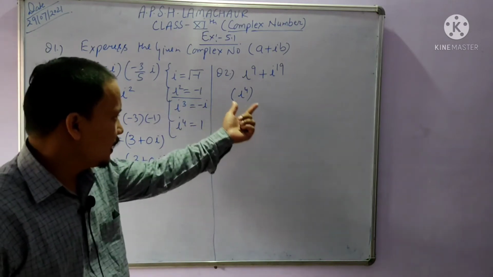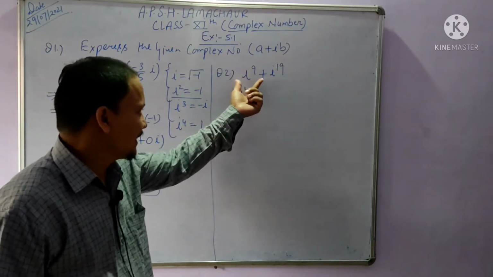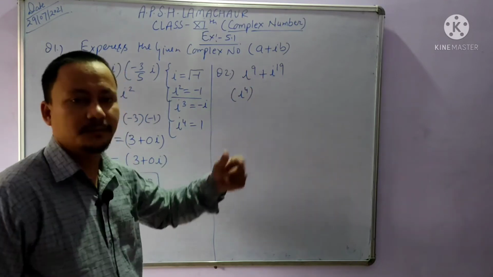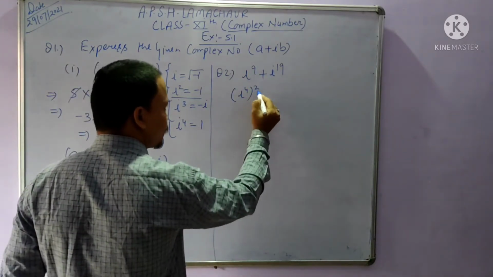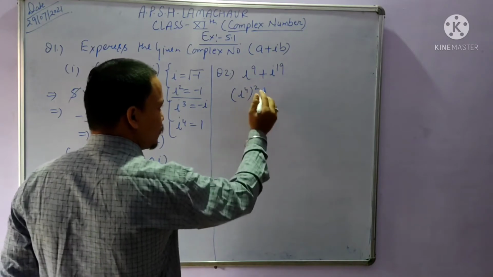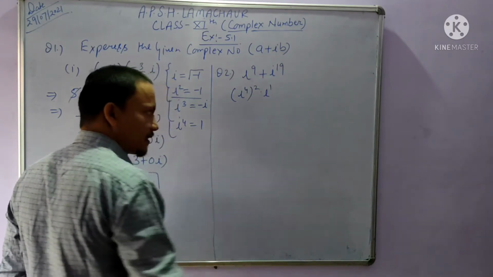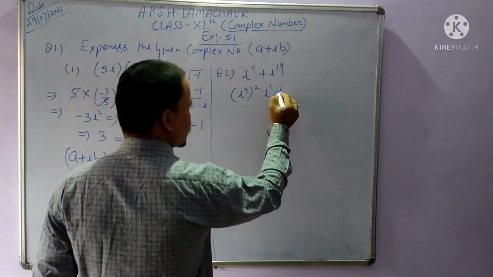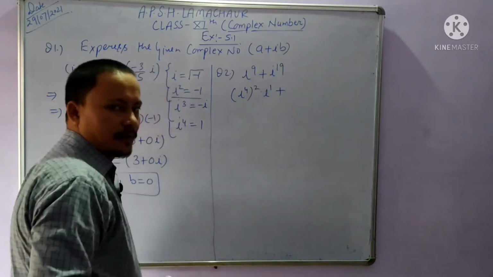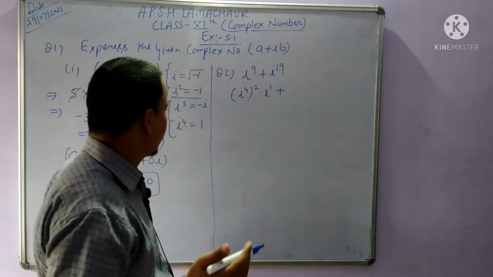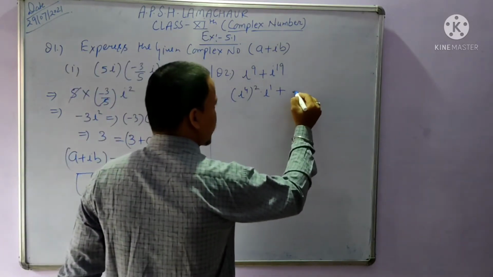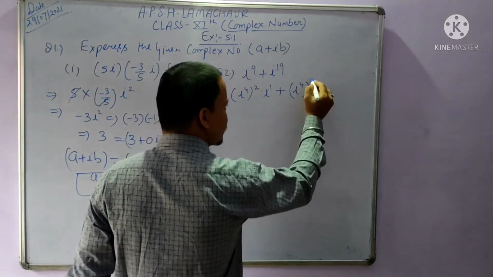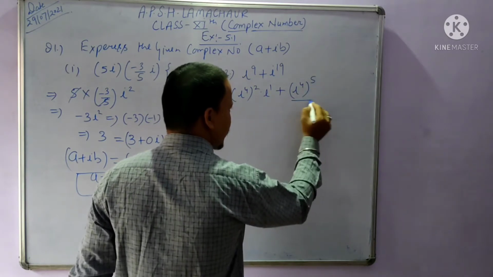So we will break the exponent into a multiple of 4: i to the power 4 into 2, that is 8, one more is left, so i to the power 9 is i to the power 8 times i. Plus, in a similar manner, i raised to the power 19 can be broken as a multiple of 4: 4 times 5 is 20, divided by i.